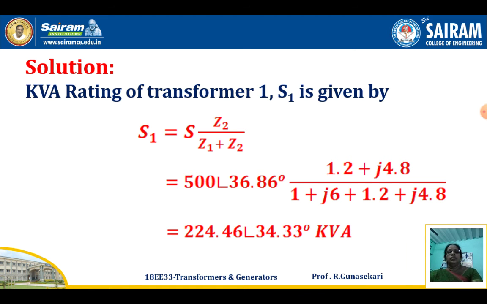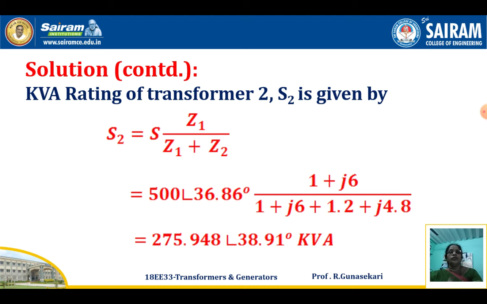Then we can calculate the kVA rating of transformer 2, that is S2. We can use the formula S2 equal to S into Z1, not Z2. Z1 is the opposite impedance of transformer 2. So S2 equals S into Z1 divided by Z1 plus Z2. S is 500, angle 36.86.